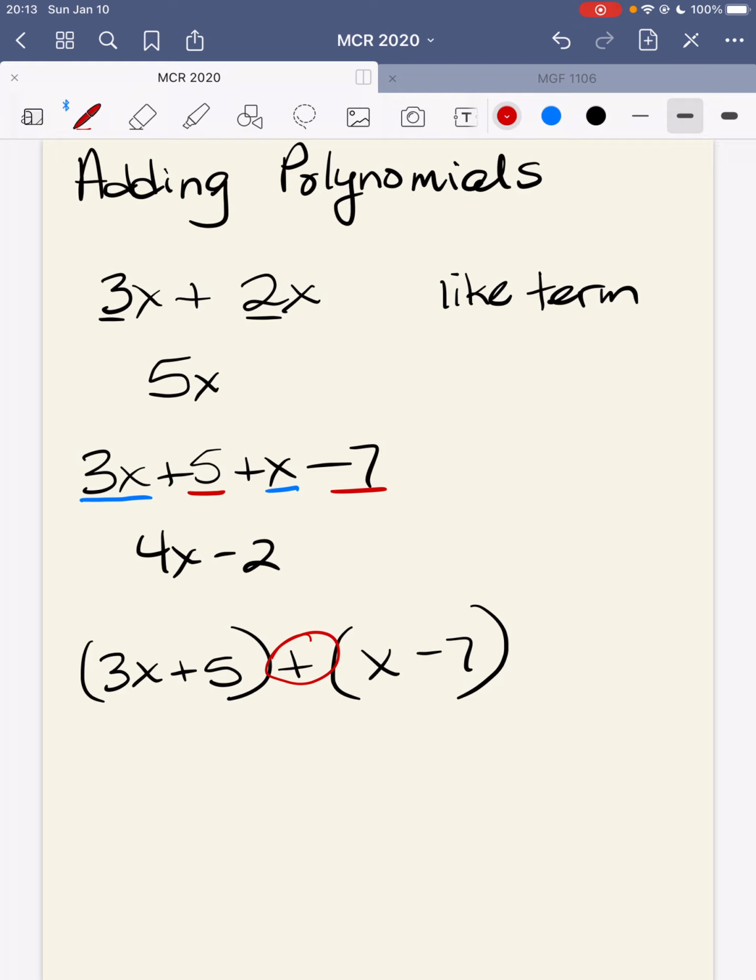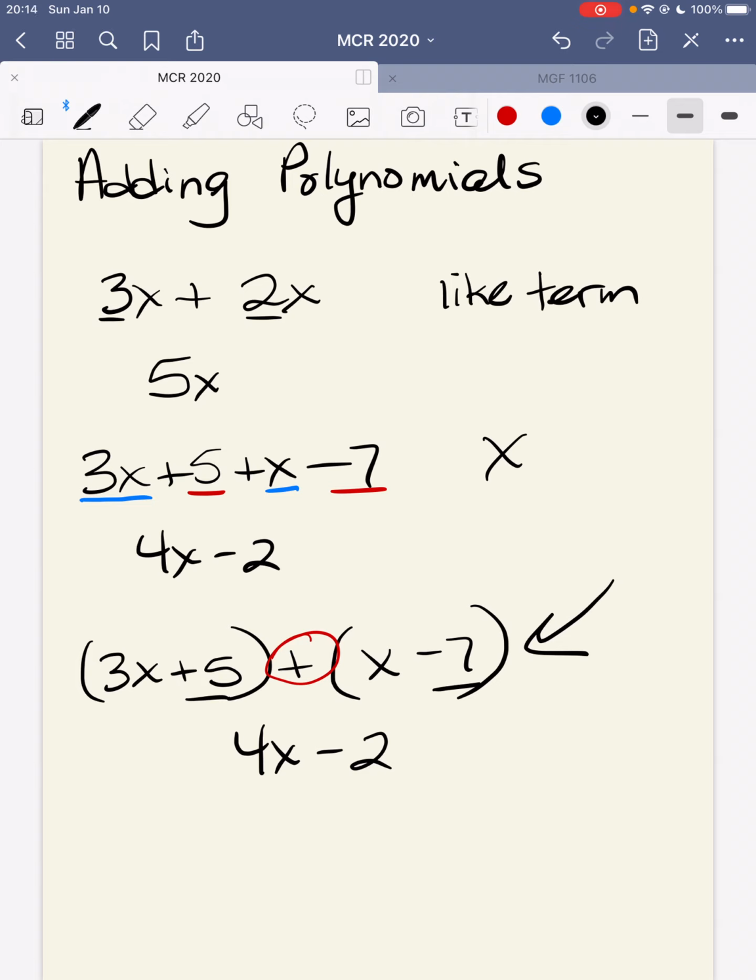So I have 3x and x, which still gives me 4x, and plus 5 and minus 7 still gives me the negative 2. So even though this problem looks different, it is exactly the same thing. Everything we're going to see as far as adding polynomials is going to look more like this and not like this, but it doesn't mean that they're any different.